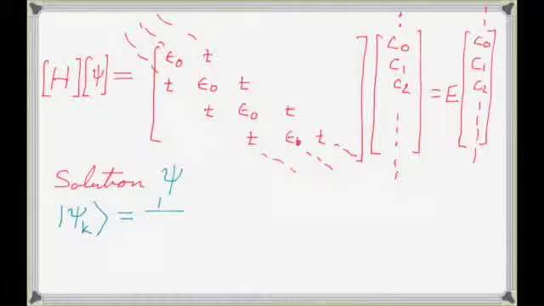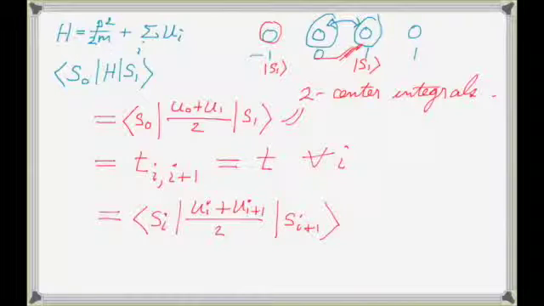We have our normalization, where this is the number of, in this case, the number of atoms in your chain, which at the end you let go to infinity, but it's for normalization purposes. Sum over all atoms, your basis orbital, times e to the I, k, n, A. Well, I guess I forgot to mention, A is what you would call the lattice spacing.